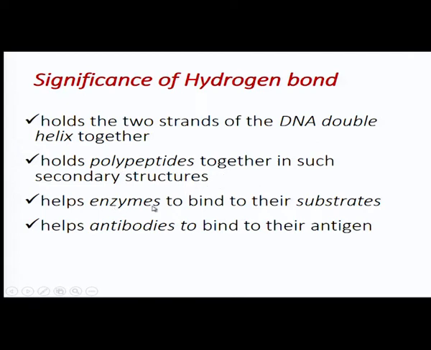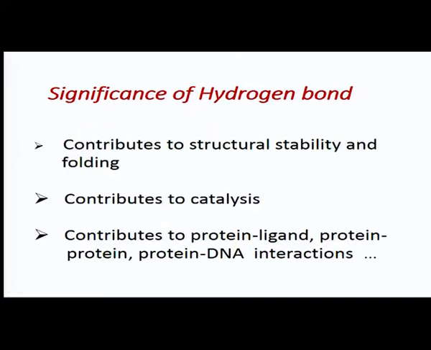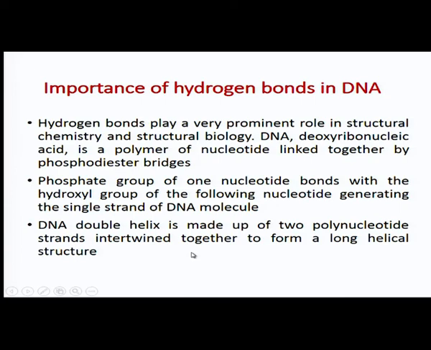It helps enzymes to bind to the substrates. Hydrogen bond helps antibodies to bind to the antigen. These are various functional uses of hydrogen bonds in structures. Hydrogen bond also contributes to structural stability and folding. It contributes to catalysis. It also contributes to protein ligand, protein protein and protein DNA interaction, which you will be seeing later in our lecture series.